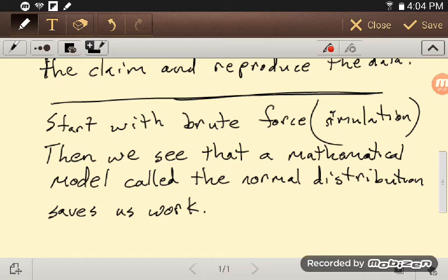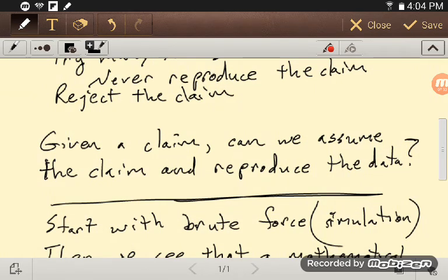Okay, so that's where you can lose sight of this bigger picture. With most of what we do in this course, we're given a claim. We want to assume that claim and try to reproduce the data that would go with that claim.